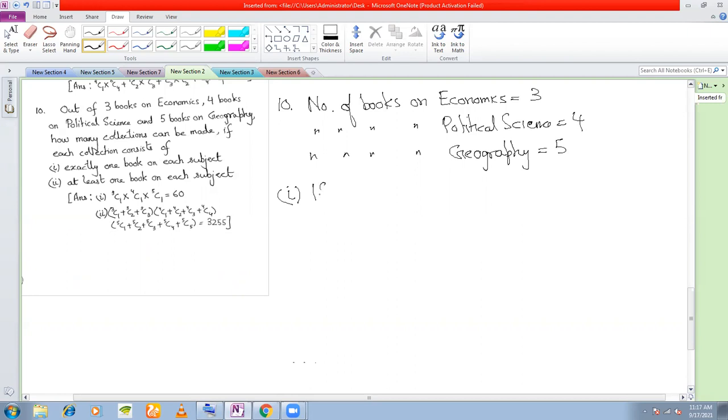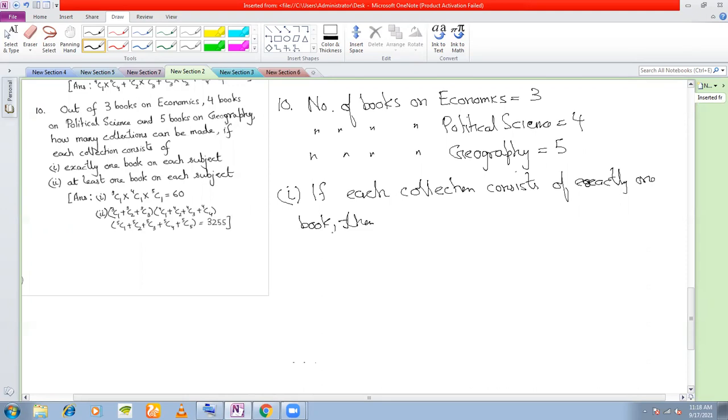How many collections can be made if each collection consists of, number 1, exactly 1 book. So if each collection consists of exactly 1 book, then what can you have? 3 books on economics.